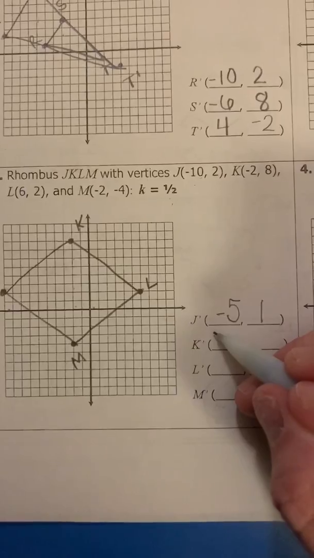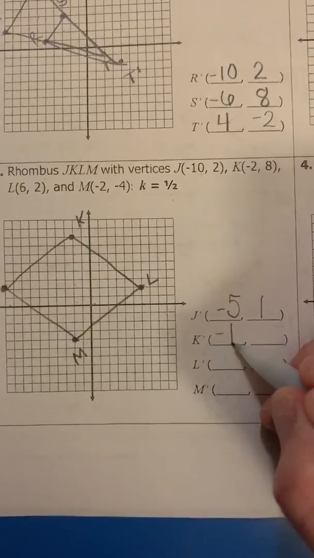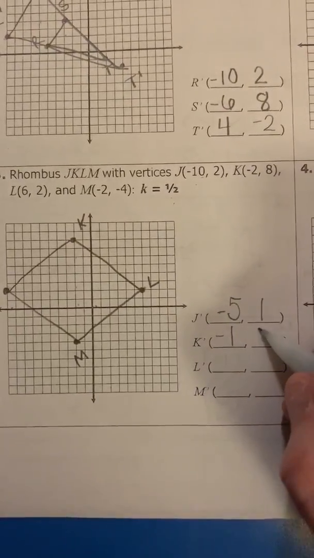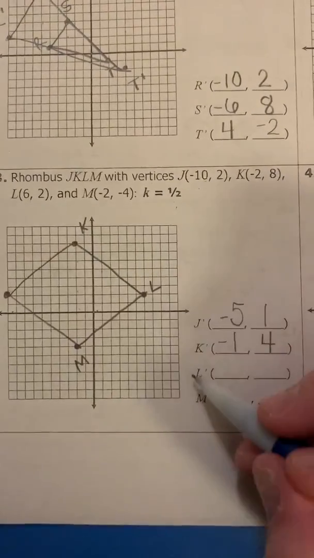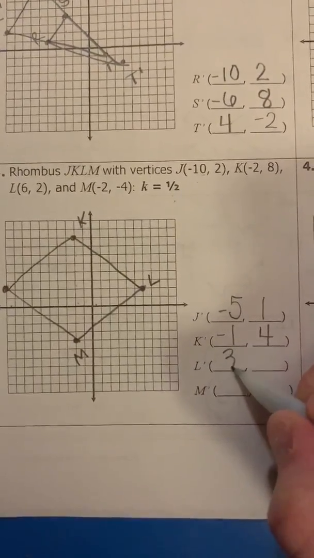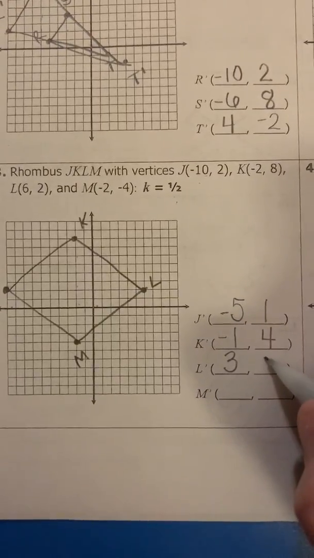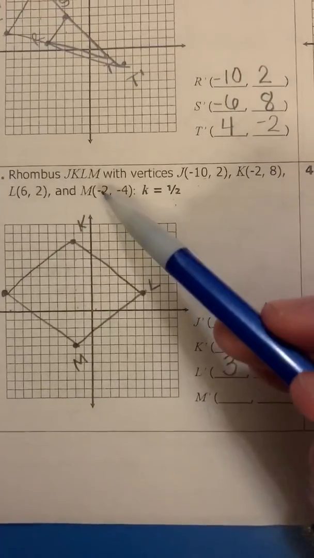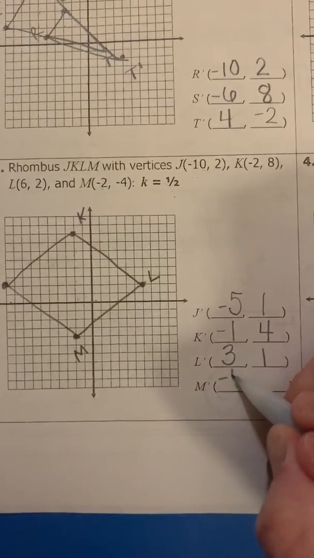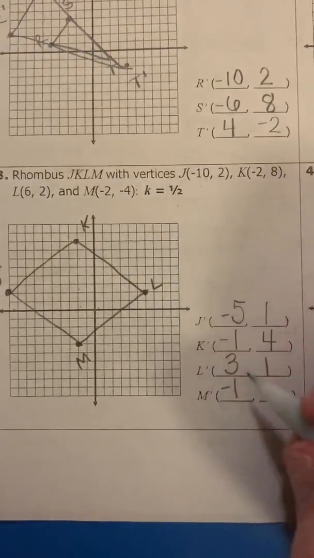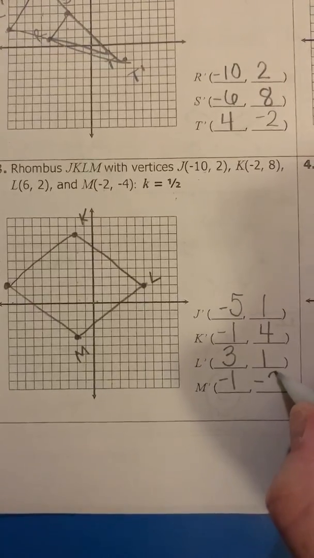Negative 2 times 1/2 is negative 1. 8 times 1/2 is 4. 6 times 1/2 is 3. 2 times 1/2 is 1. Negative 2 times 1/2 is negative 1. And negative 4 times 1/2 is negative 2.